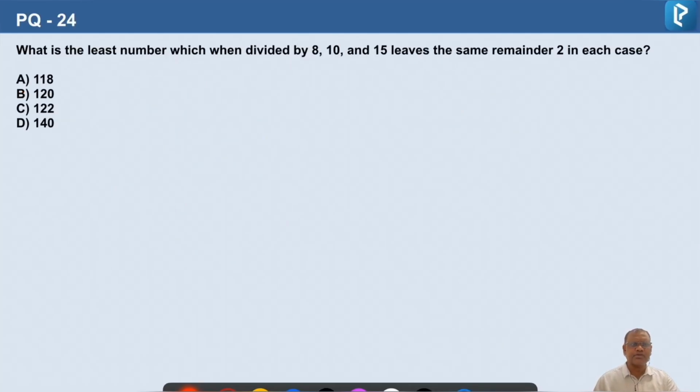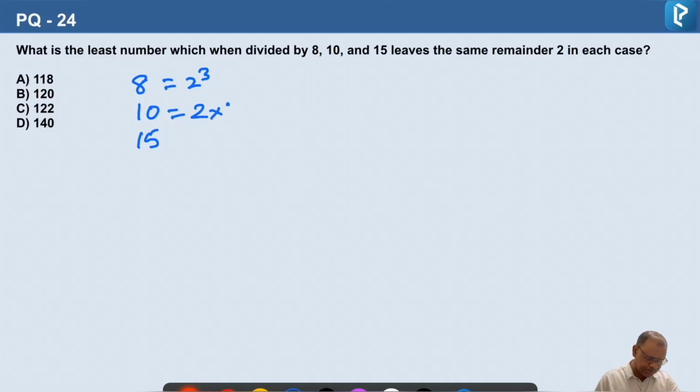Question number 24. What is the least number which when divided by 8, 10 and 15 leaves the same remainder 2 in each case? So here also we have to find the LCM for all these three numbers 8, 10, 15. 8 is 2 cube.